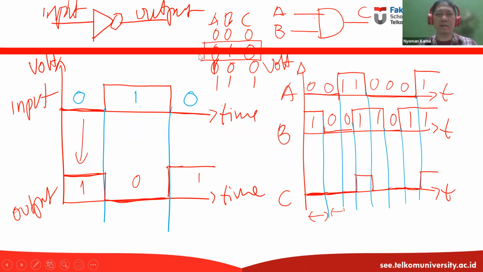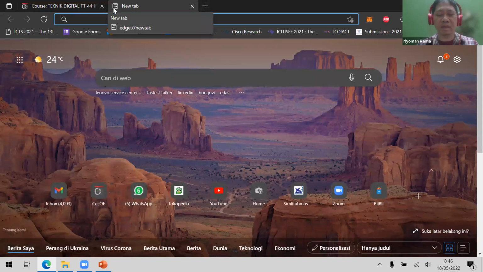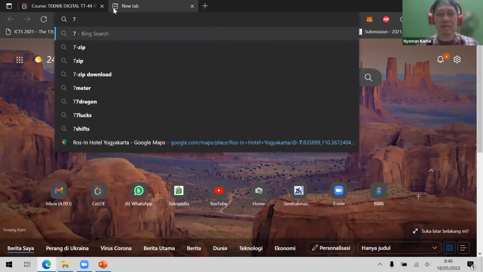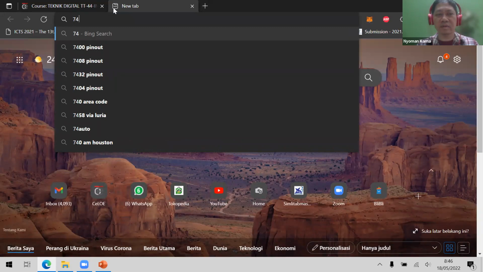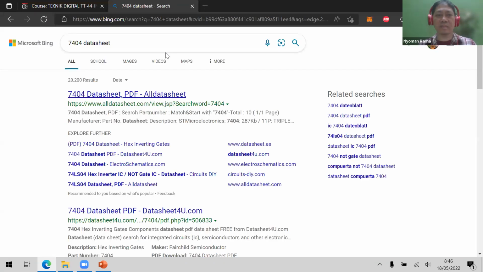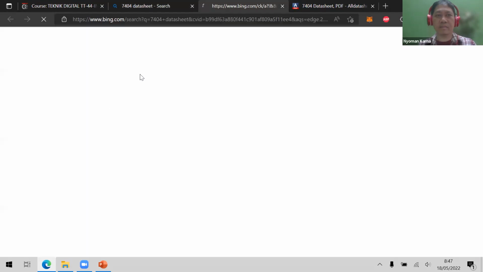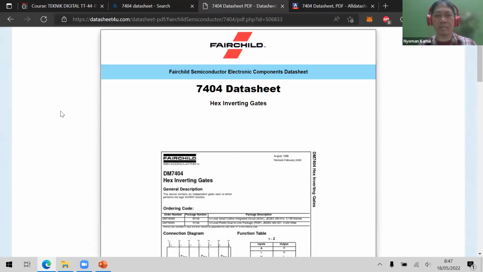Okay, let's check out the inverter 74, 0.04. Okay, this one.